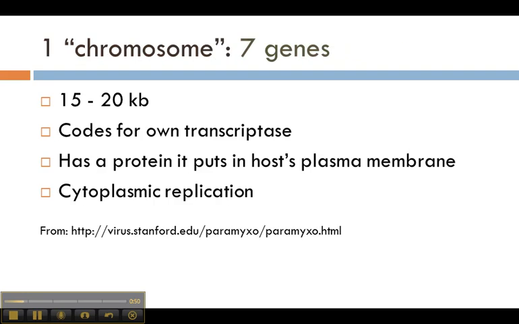After the virus gets into its host, it uses the host's organelles to make viral proteins. The virus encodes for its own transcriptase, which lets it make a plus-sense RNA strand that, in turn, can be translated by the host's cell ribosomes.